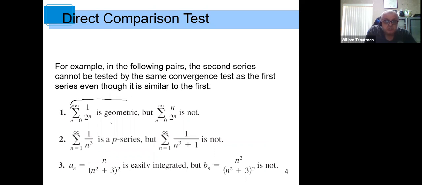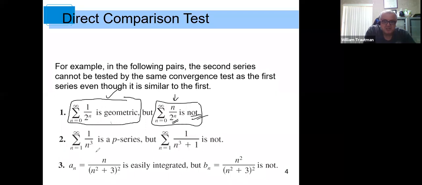This is a geometric series. But what happens if you have something that looks kind of geometric, but it has something else on top? So this is geometric. This is not. This is a P series test.